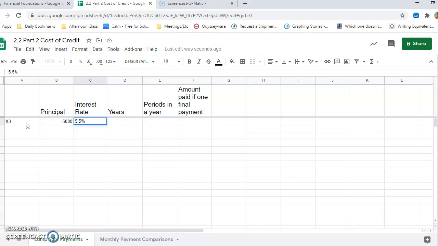I'm using tab to get from one to the other, or you could just click in a different box. That situation was 4 years, and it was only being compounded one time a year. That was compounded annually.